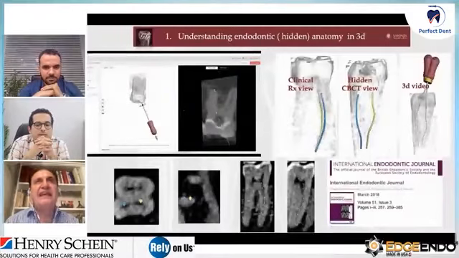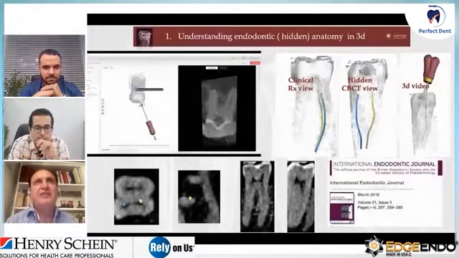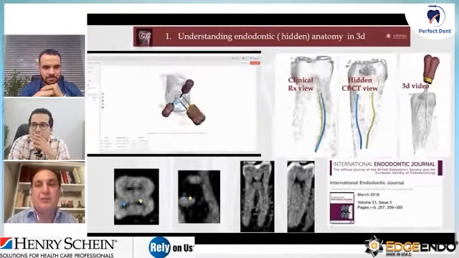This is quite an interesting and innovative concept, because what we have on a traditional two-dimensional radiograph is not the real anatomy. We have the clinical view, which is the traditional view, but also a hidden mesial-distal view, which is the CBCT view.